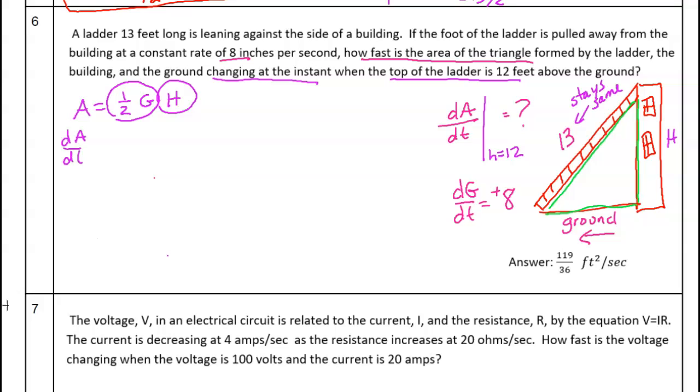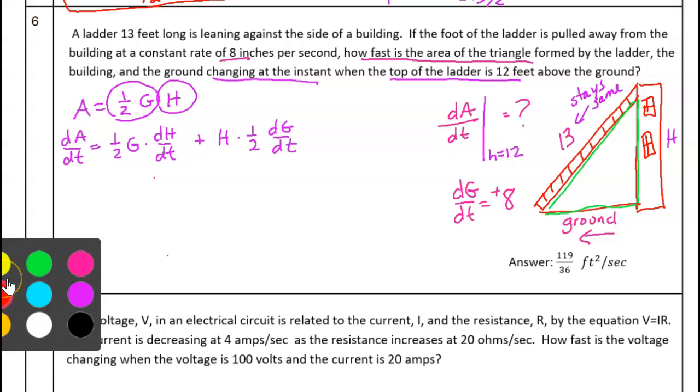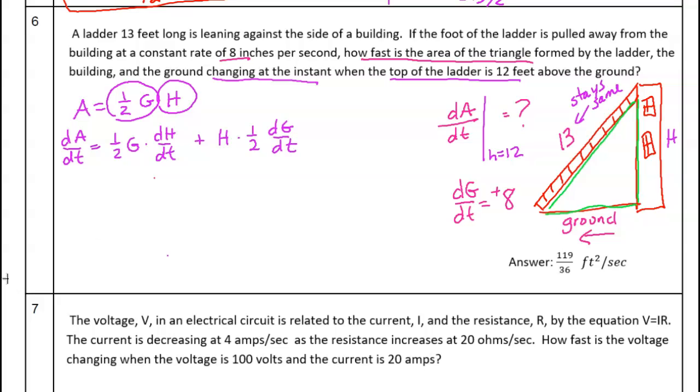dA/dt is 1 times d2 plus 2 times d1. And so there's a lot that we're probably going to have to find because we really weren't given much information. Now, the other thing that you'll notice is that this is in feet and this is in inches.